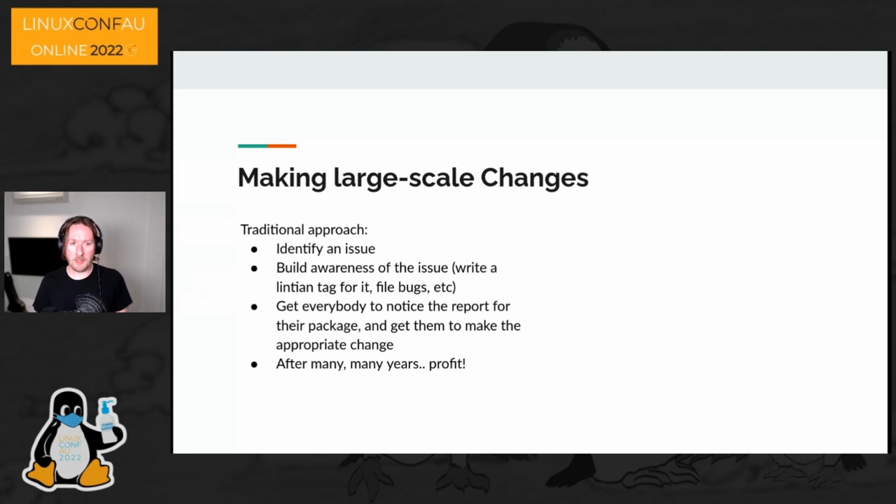And then you get everybody to pick up on the problem and fix it. So you get them to care and make the appropriate changes and upload new packages to the archive. And then after you've waited enough years, you may end up with a significant chunk of the archive fixed.